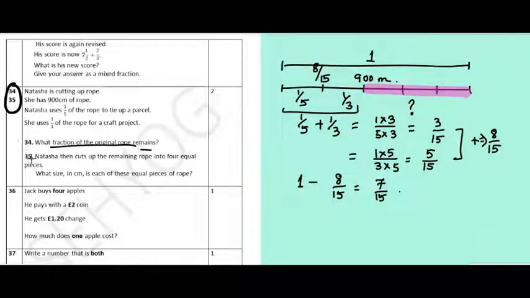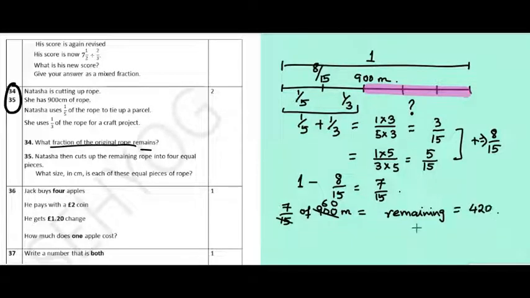Now on 35, Natasha cuts up the remaining rope into 4 equal pieces. So 7/15 of 900 centimeters is the remaining rope. And this is 420 centimeters.